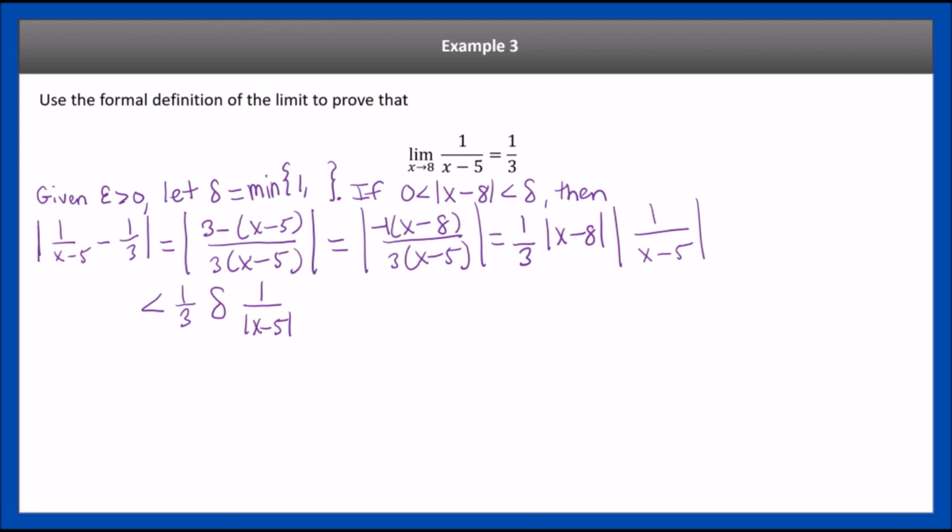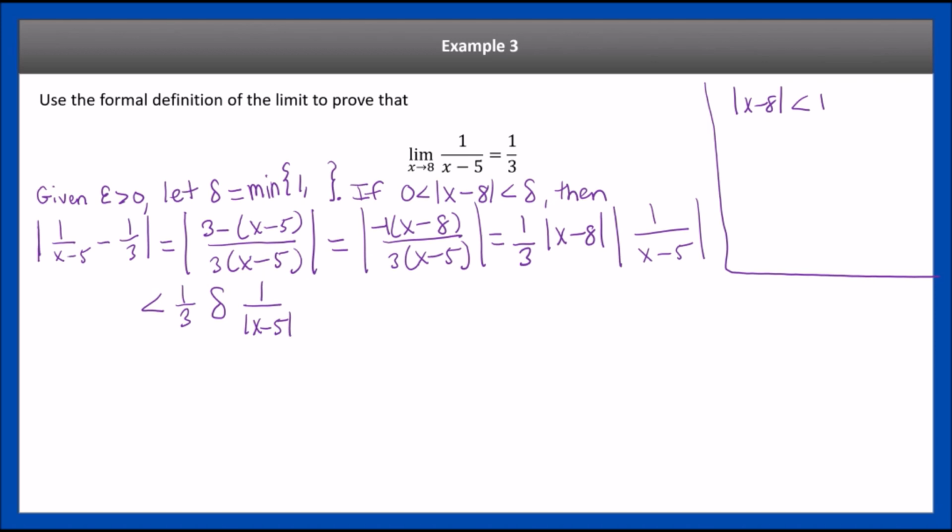So again, using this inequality and using delta as 1, doing this off to the side, we get absolute value of x minus 8. I'm using this inequality here, but without the 0, because we're not really concerned with the 0 part. We just want the delta part, right? So this is less than delta.